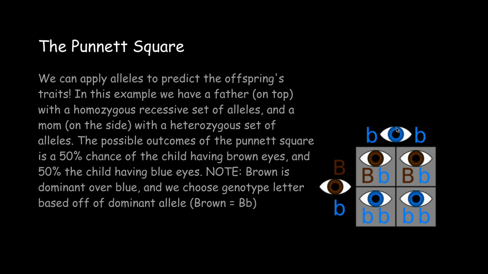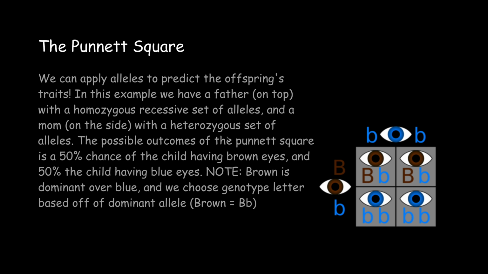So then we have the Punnett Square. We can show predicted offspring with these genotypes. So for example, here we have the homozygous recessive set of alleles by the father. We always put the father on top, and then we have the mom, which is heterozygous, meaning that she has the dominant allele and then a recessive allele.